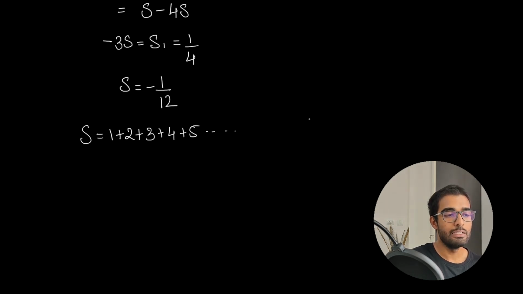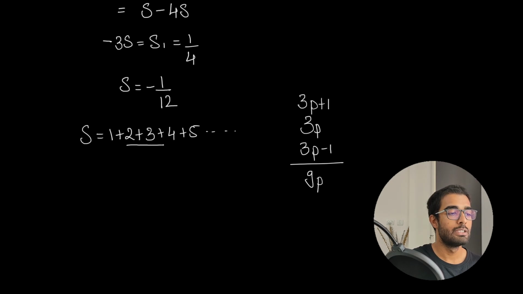We know that any integer can be written as 3p, 3p minus 1, and 3p plus 1. And sum of it would be 9p. So 2 is 3p minus 1, 3 is 3p, and 4 is 3p plus 1, where p equal to 1. Similarly, here p will be 2, and so on.